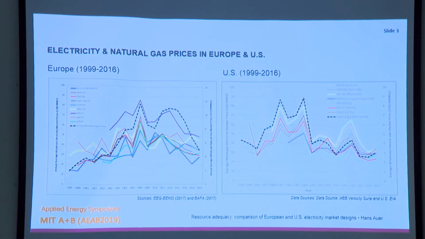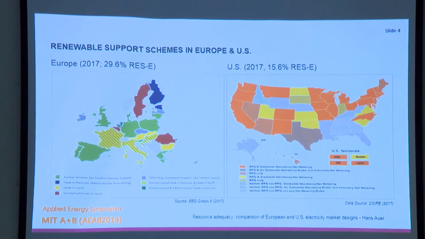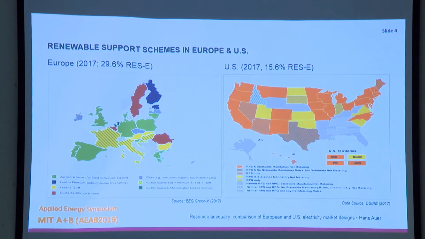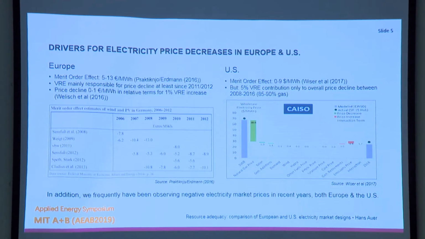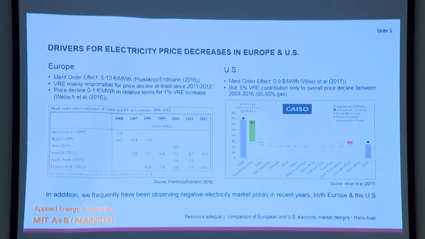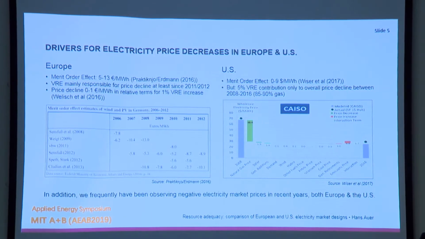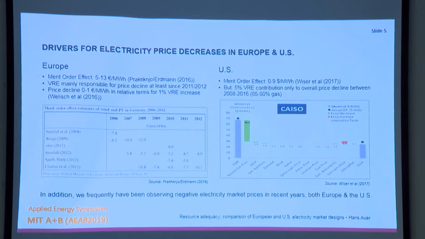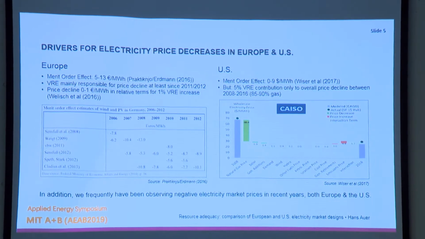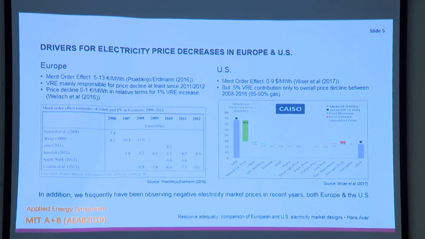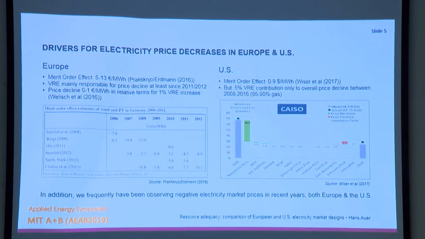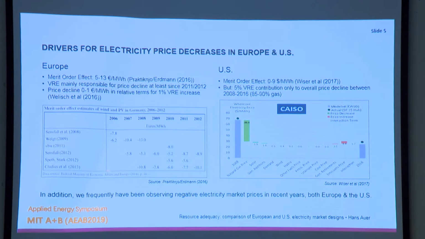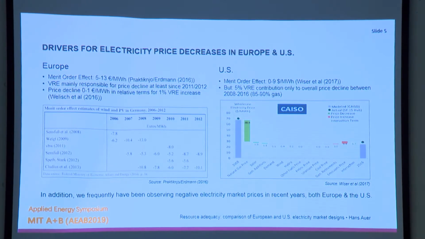So then we had a detailed look, and I show this slide first, on the different studies. We have not conducted in-depth analysis, because a lot of work has been done in this respect. In terms of the drivers of electricity price decreases in Europe and the US, again on the left-hand side, we see a summary of the main studies, and in Europe a merit order effect was identified.